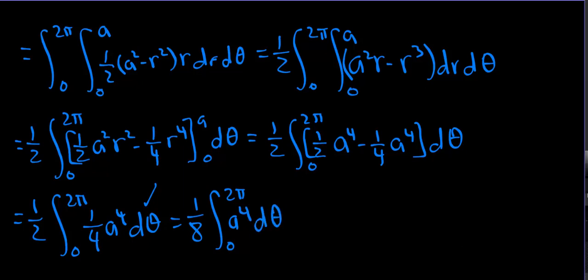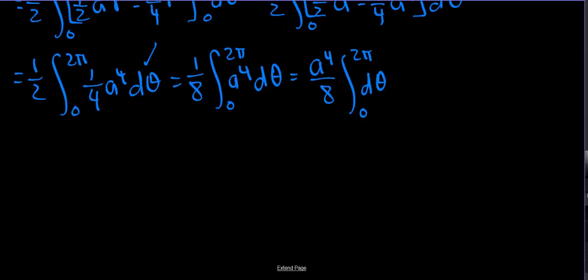I can pull that a to the 4th out, so I get a to the 4th over 8, the integral from 0 to 2 pi d theta. So just be very careful. You've got that a in there, and it's a temptation. Anyway, here's what we've got: a to the 4th over 8 theta, 0 to 2 pi.